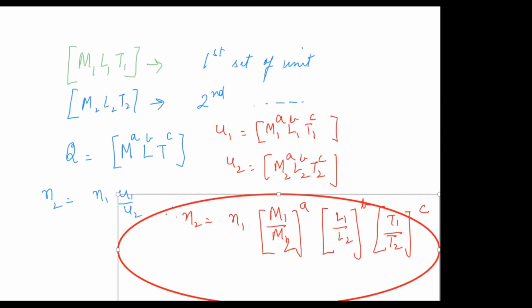It will be clear if we do this with the help of an example. Suppose a question comes to you that converts 1 Newton into dyne. Now, Newton is of course your SI unit of force and dyne is the CGS unit of force.